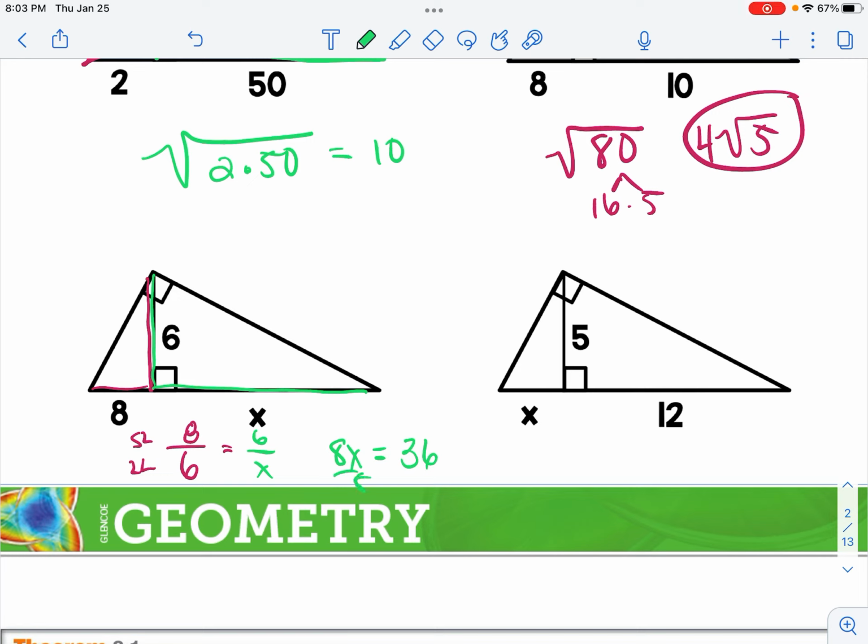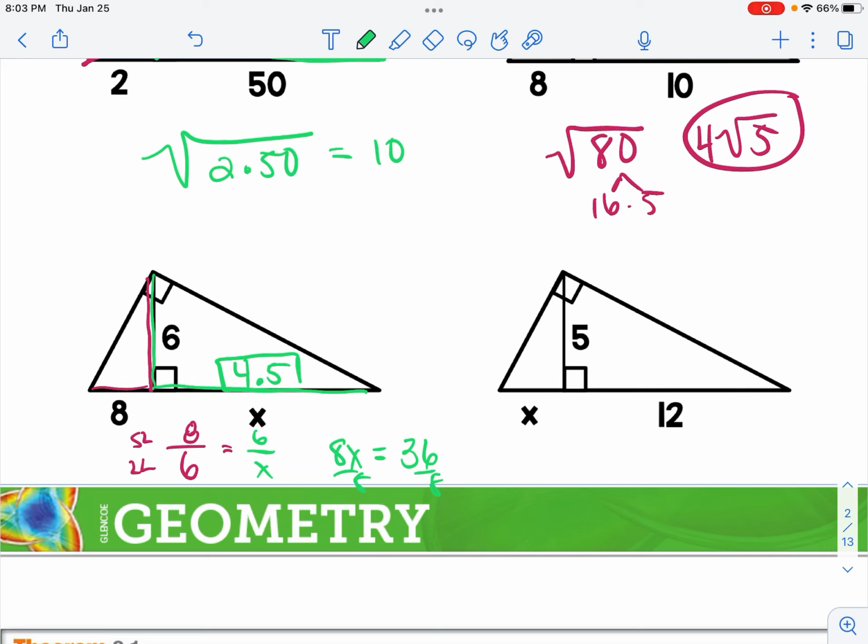Going to divide both sides by 8, and I will have 4.5. So this x value is 4.5. Good. Go ahead and try the next one on your own.